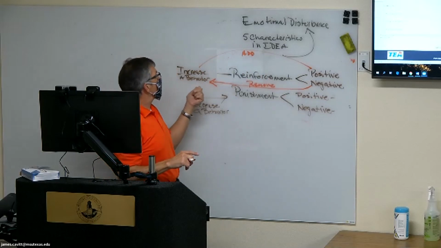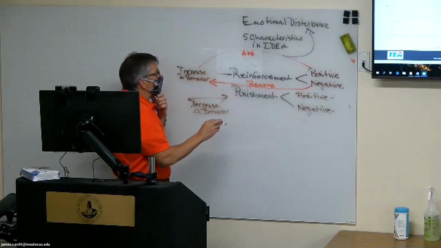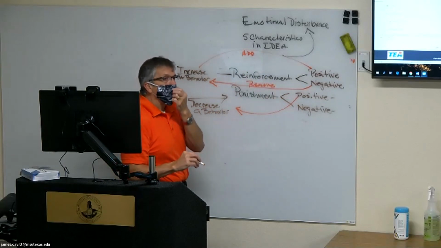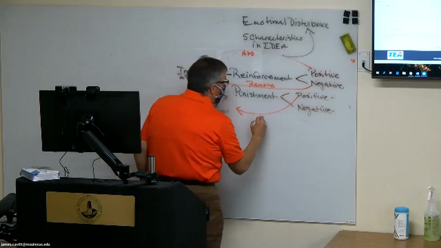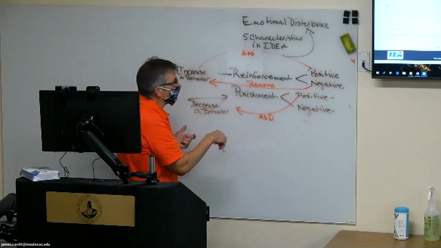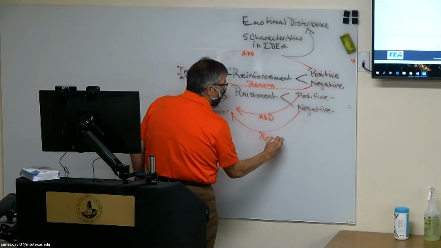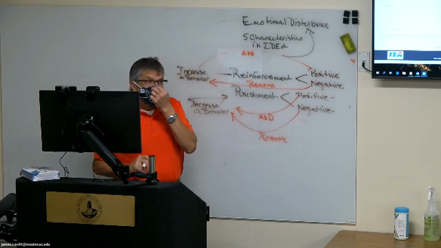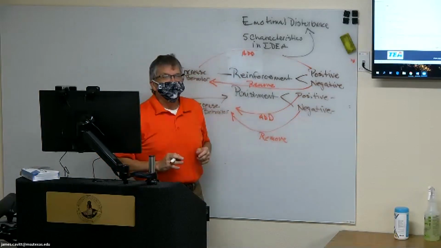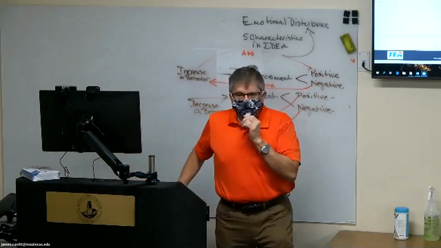Negative reinforcement is to remove something to increase a behavior. What about punishment? What can we say about positive punishment? Add to do what? To decrease the behavior. And negative is to remove, to decrease a behavior, right? So that definitely will be a question.